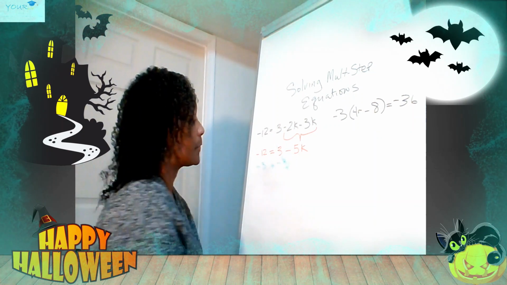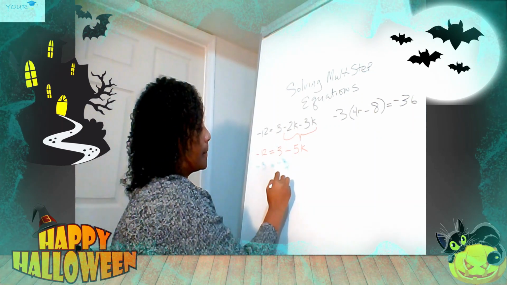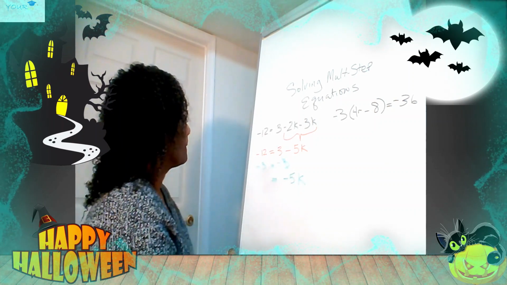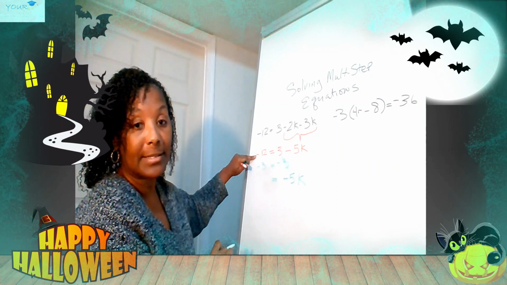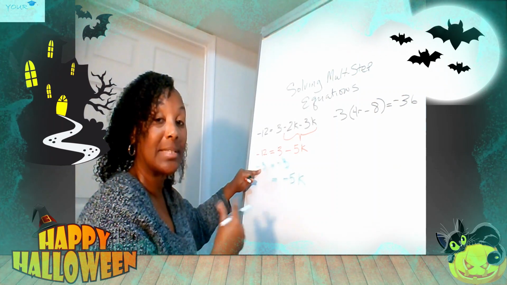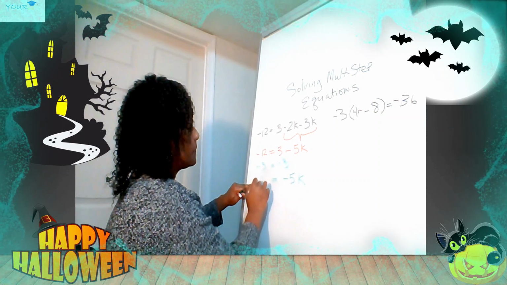Now I'm ready to bring down my negative 5k on my right side. And on my left side, I have a negative 12, a negative 3. I'm going to add them because I have two negatives, which will give me a negative 15.